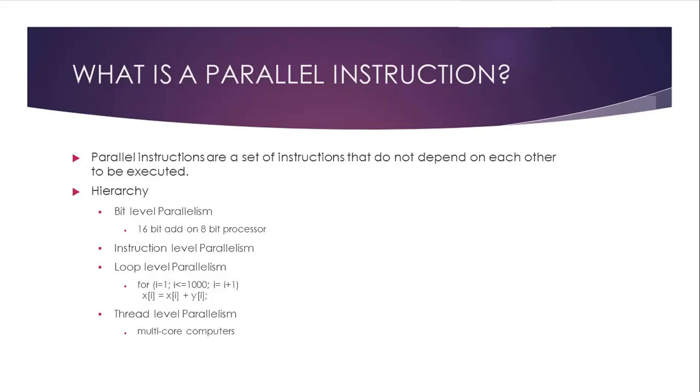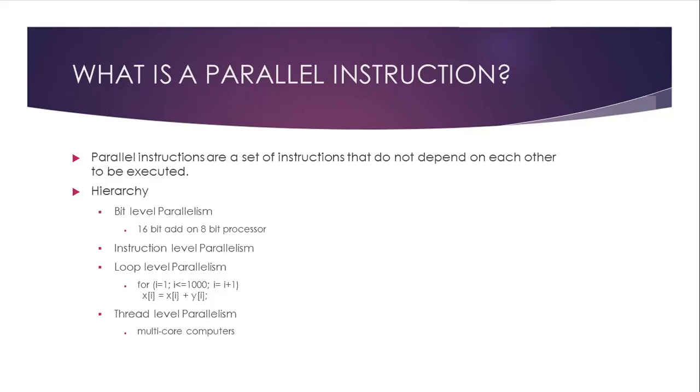There are different types of parallelism. For example, bit level parallelism, where a 16-bit add is done on an 8-bit processor. Another example is instruction level parallelism. Also loop level parallelism.